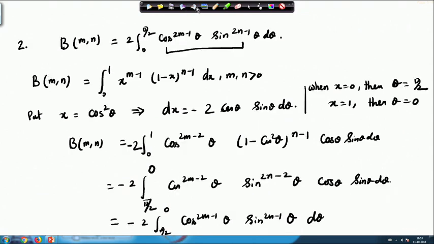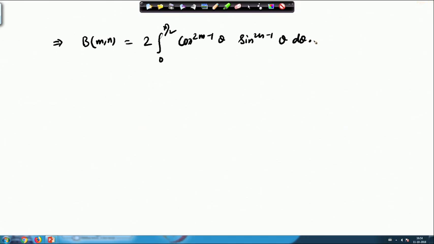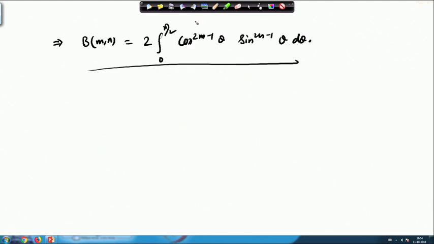So, I can use that property and write the integral beta(m, n) as 2 times integral from 0 to pi by 2 cos of 2m minus 1 theta times sin of 2n minus 1 theta d theta, and this is what we needed to prove, right. So, our algebraic expression can be reduced into a trigonometric expression for this beta function.